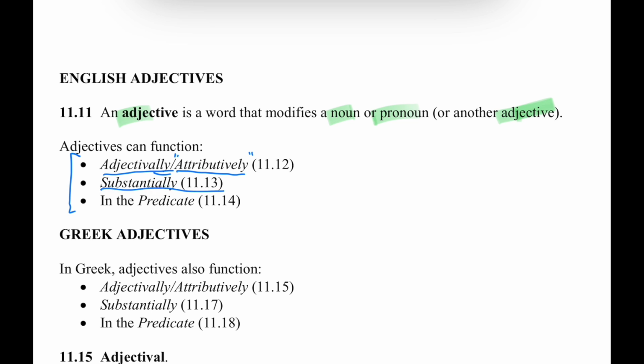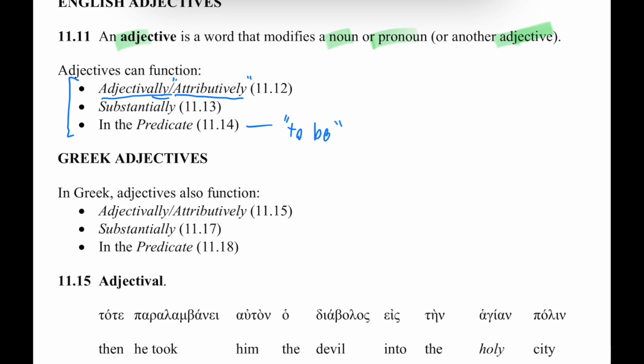And then there's the predicate use. The predicate use is when we're supplying a to be verb. An example of this would be the Bible is black, where we see the word for predication. So you have the noun is something. That's called the predicate use. So those are the three adjective use types in English.